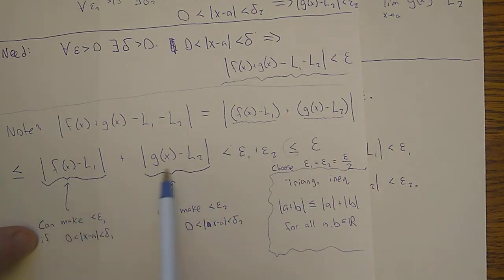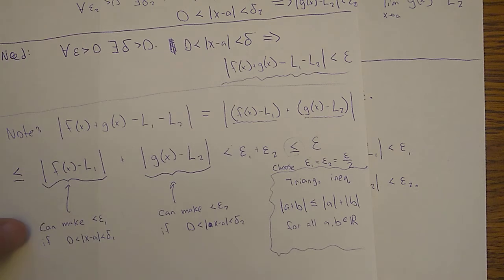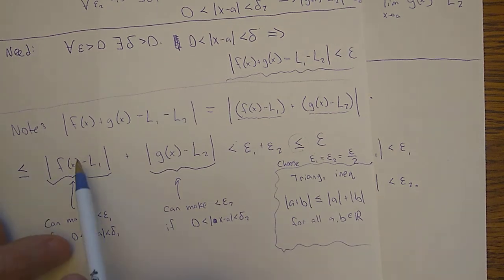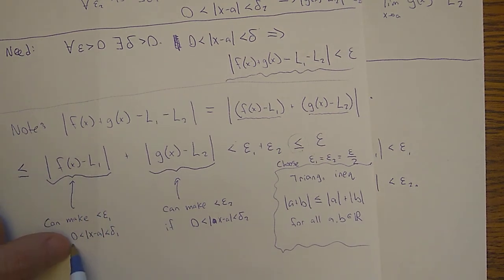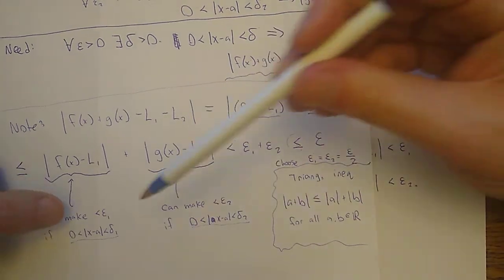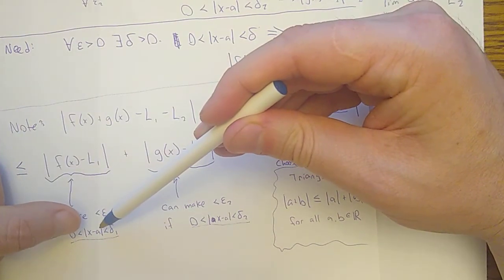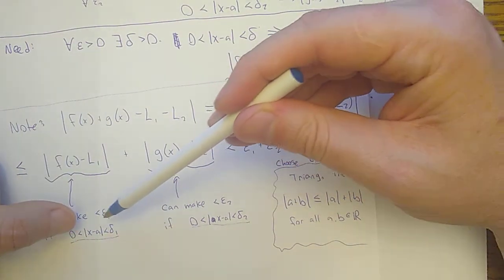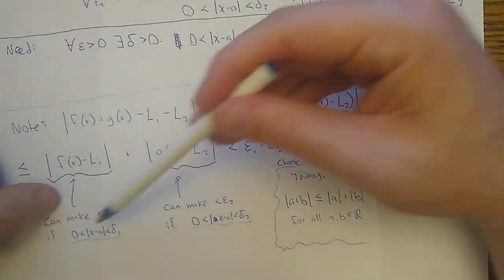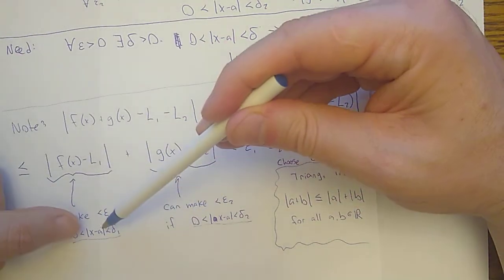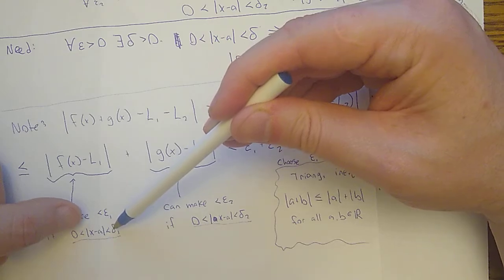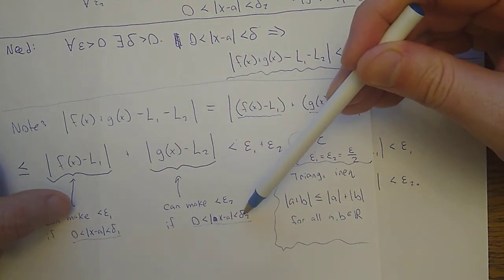I've got this part and I've got this part. I want to make this part less than epsilon 1. I want to make this part less than epsilon 2. But in order to make this one less than epsilon 1, I need to have this. And in order to make this one less than epsilon 2, I need to have this. In other words, this absolute value of x minus a needs to be, first of all, greater than 0. That's the same for both of these. Second of all, this number has to be less than delta 1, and it has to be less than delta 2.